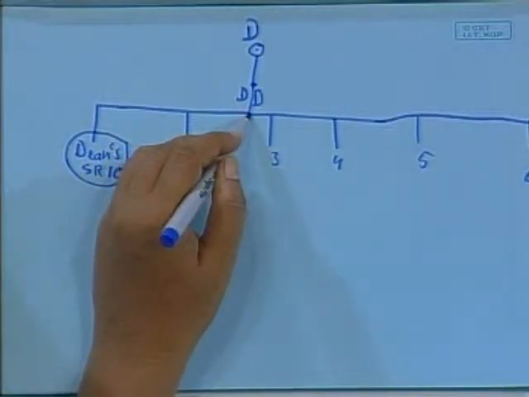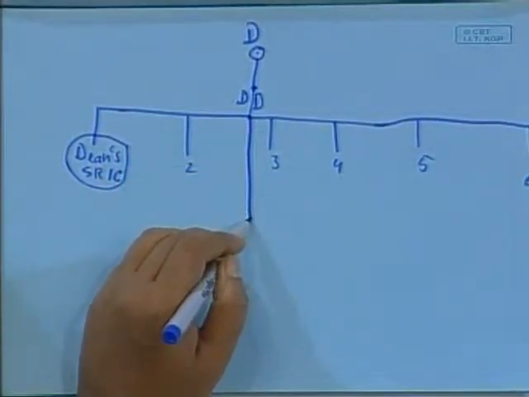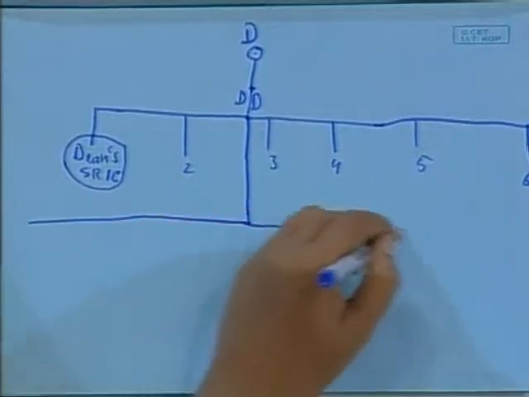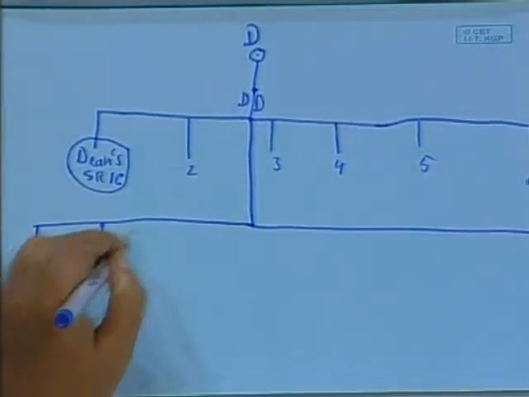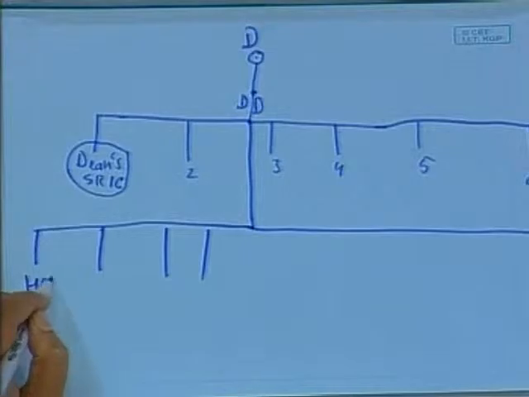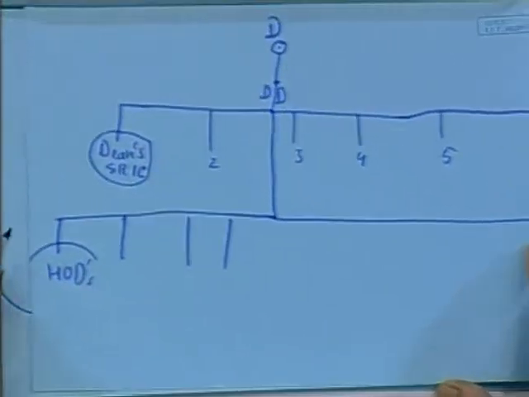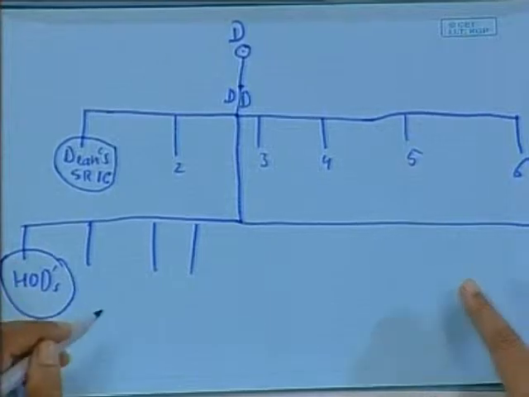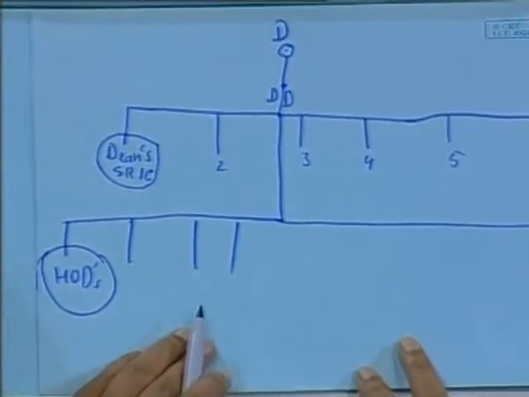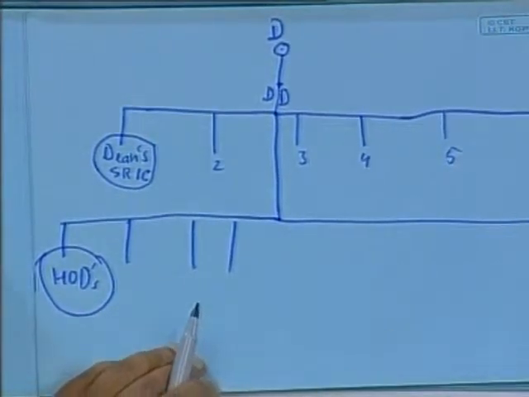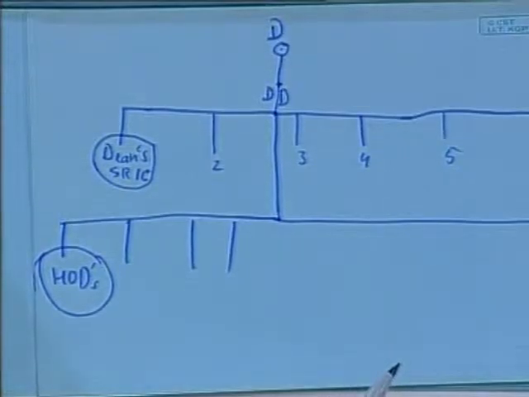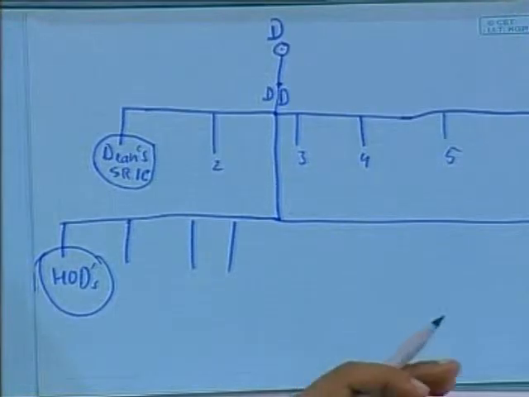Now, coming down further, you have head of the departments. Okay. Now, you have a number of head of the departments, HODs. Okay. These HODs are going to perform various functions related to one particular department. So, all activities related to teaching in similar areas are grouped together.